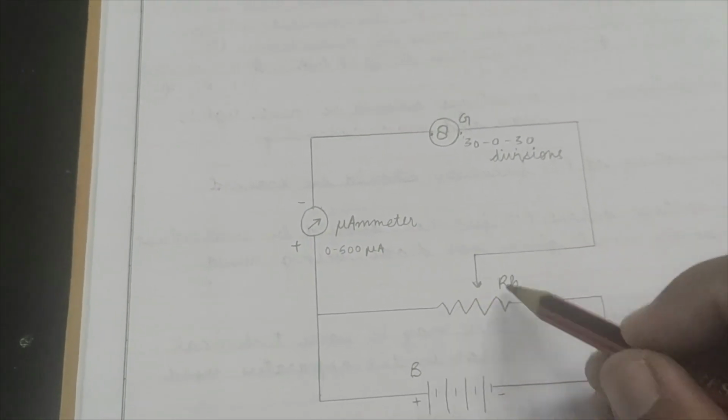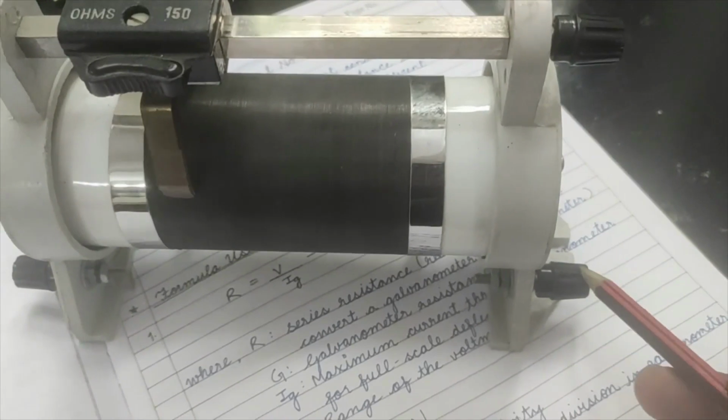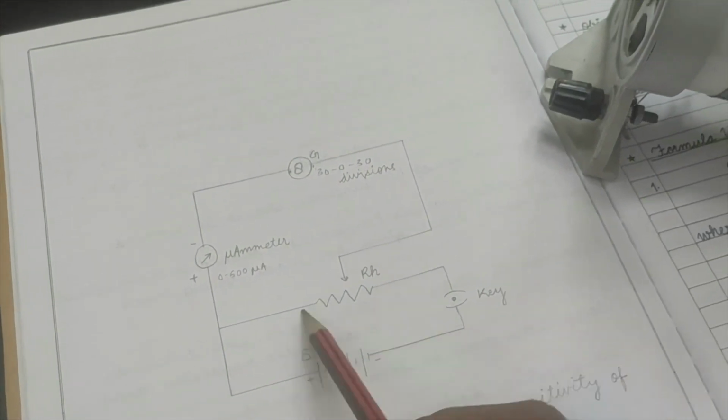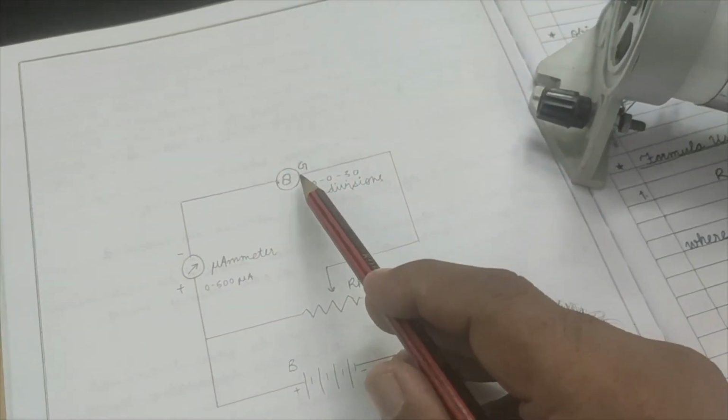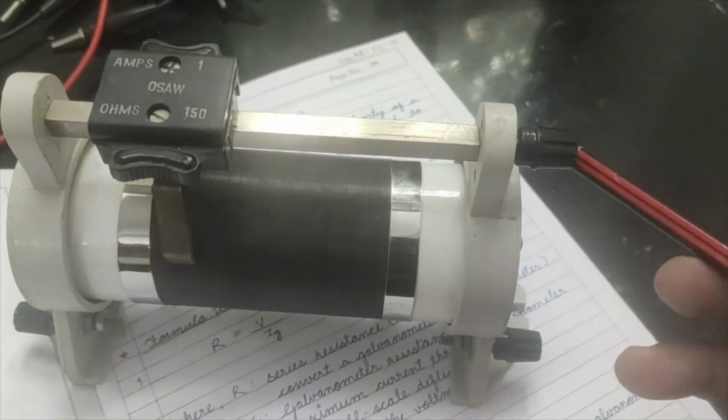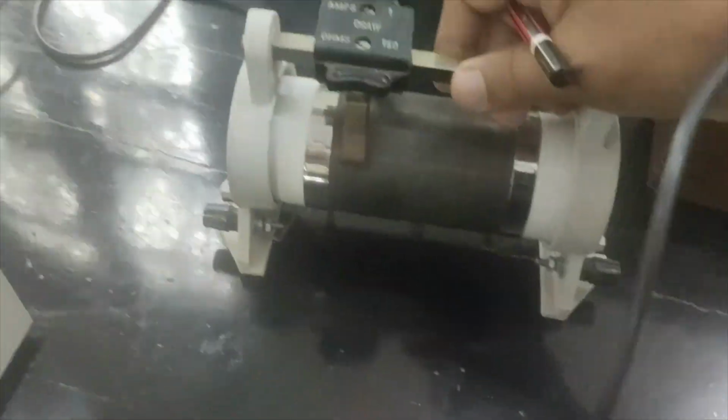The rheostat has connections: two below and one above. So the second terminal of the galvanometer is going to connect to the above terminal of this rheostat. So let's connect it.